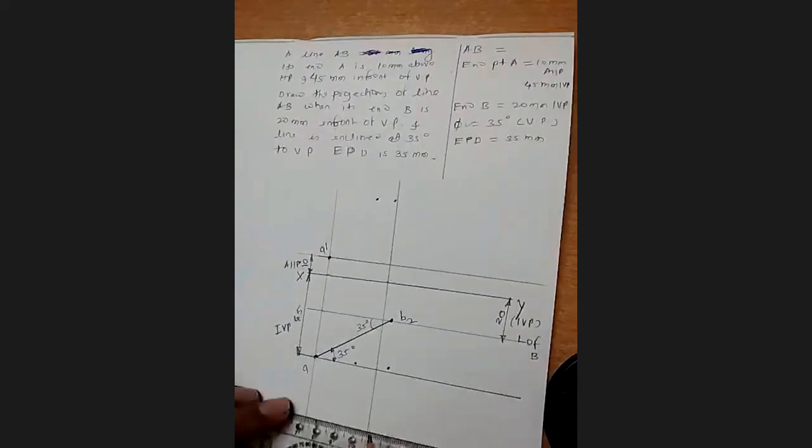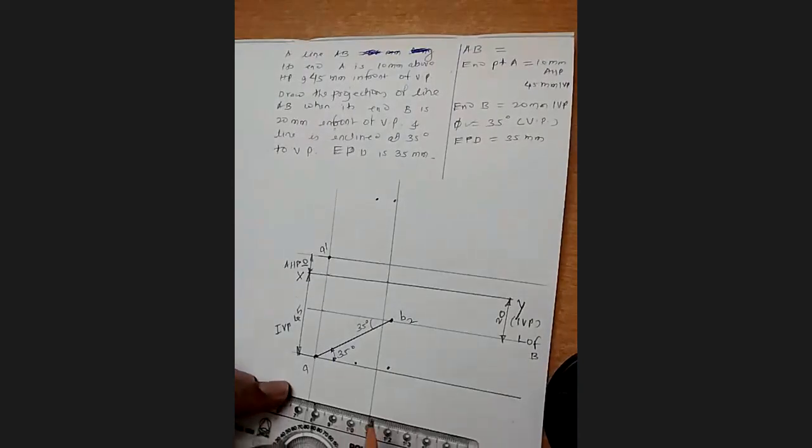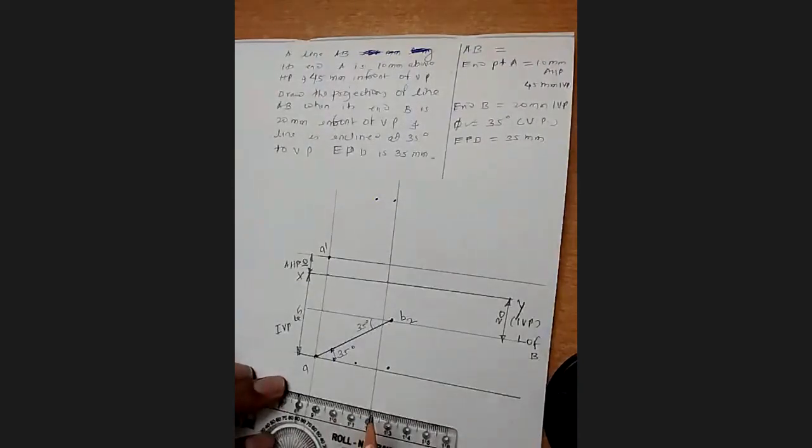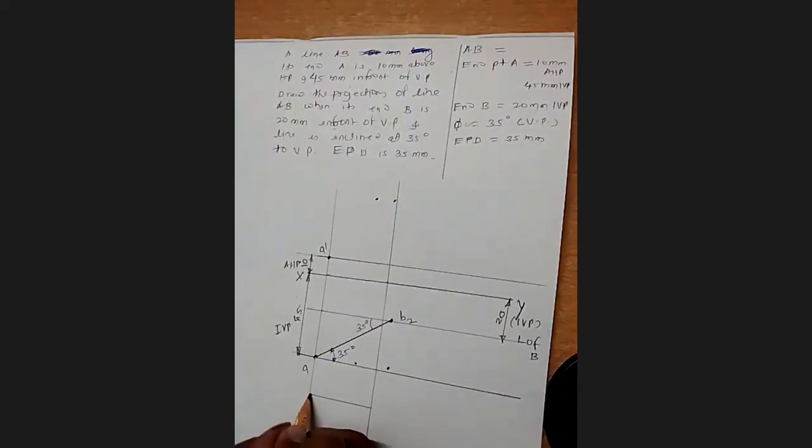This distance we have taken 35 because it is given in the problem statement. End projected distance, EPD, 35. Then what next is to be done?